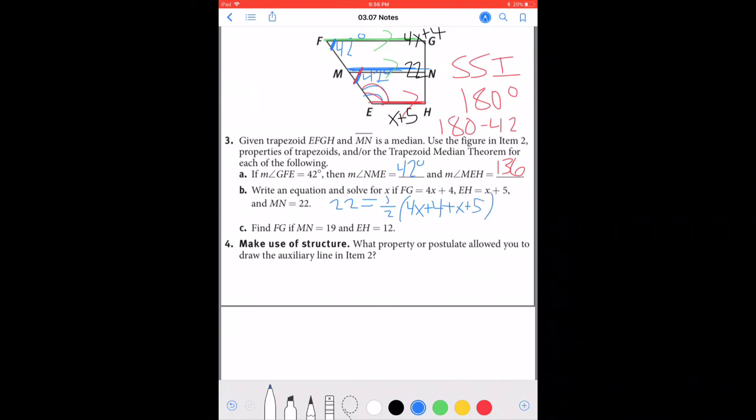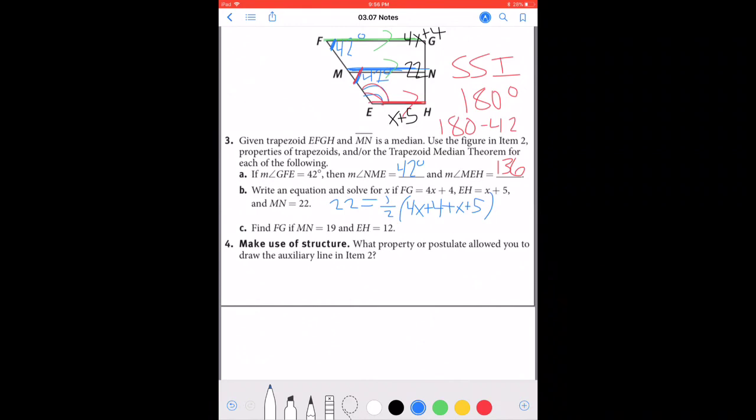So now that we have that set up, we can simplify inside the parentheses and then distribute the 1/2 and then solve for x. Ran out of space here, so finish that out in your book and I can check your answers, or we can check them right at the end of class before we all leave.